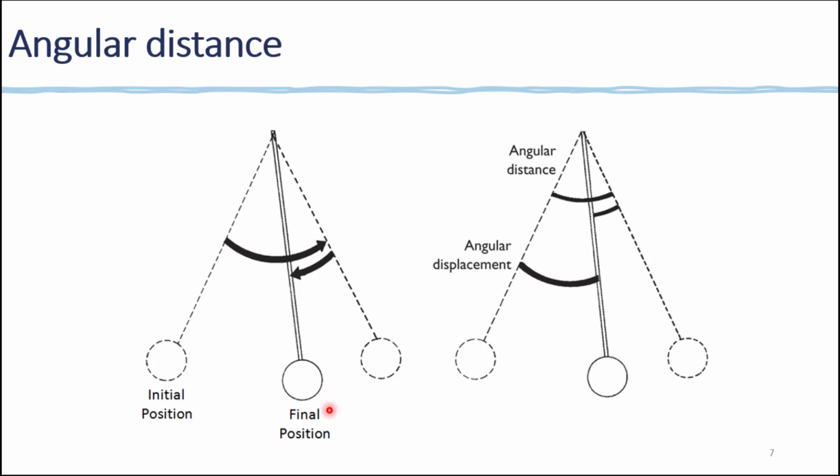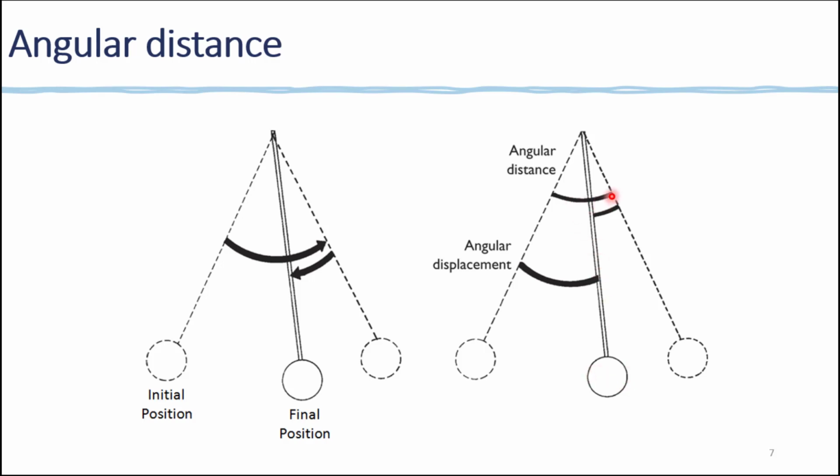And recall that the angular displacement is the difference between final position and initial position. So it's only concerned with the marble's motion from this initial position and this final position, whereas the distance is the sum of all changes. So it includes this middle part here, where the marble went all the way to the right first before stopping in this final position.